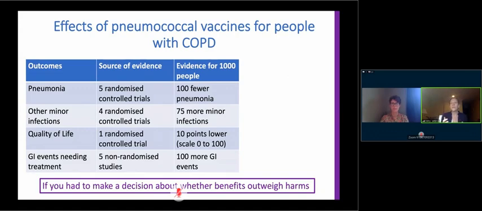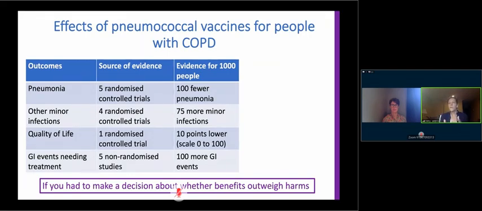Quality of life, if you had the vaccine, would have gone down by 10 points. And GI events, which needed some follow-up treatment, went up by 100 events. And so you, in essence, could just provide these numbers, and that's what's typically been done. Here's our systematic review, here's what we found, and these are the effects.